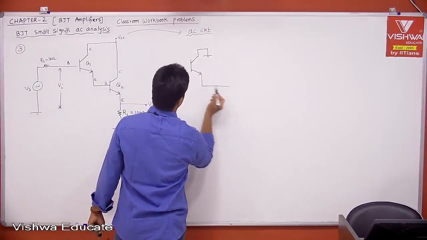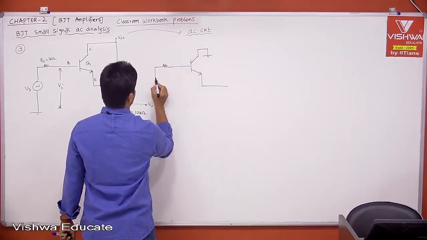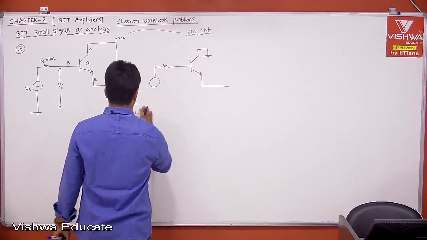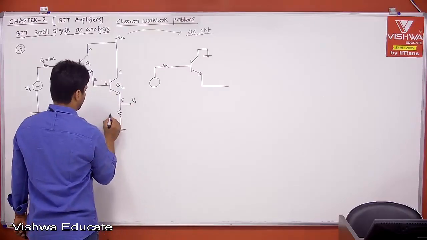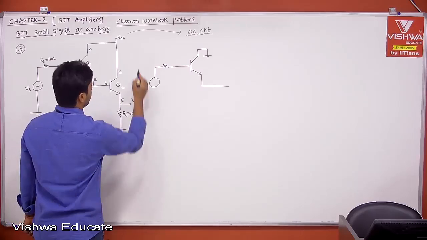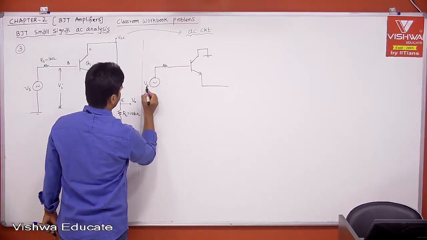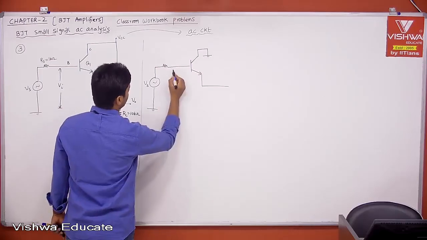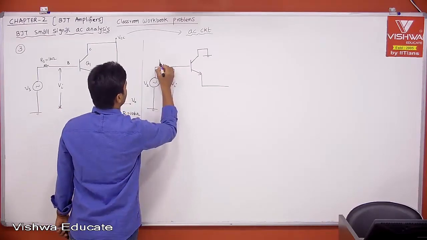Now this is your input and this is the source. And this is the source Vs, and this is the input voltage Vi, and this is Rs.